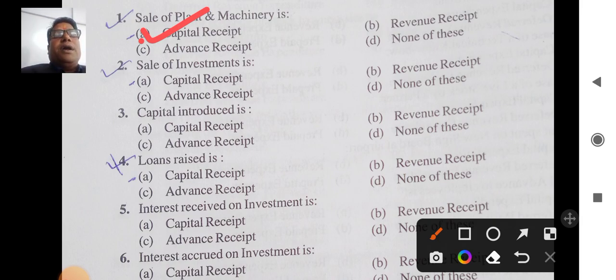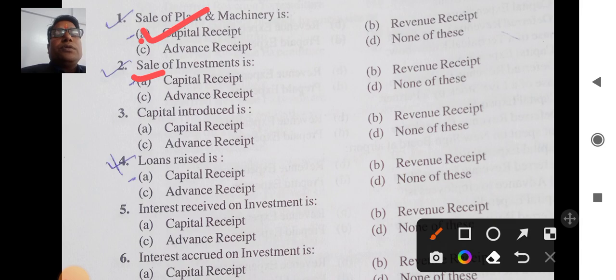But in this case, you are selling your investment, which would give rise to either short term capital gain or long term capital gain. So you can consider that option A of question number 2 will be the correct answer.